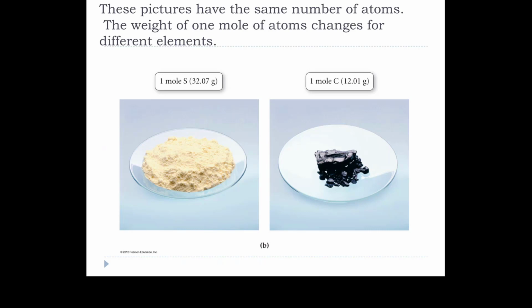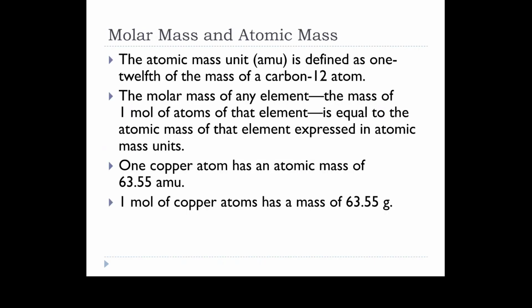So those numbers on the periodic table are your gram to mole relationship for every atom. So if we looked up copper on the periodic table, we would see 63.55. Again, what that means, 1 atom of copper weighs 63.55 AMU on average, right? Because it's different isotopes. 1 mole of copper, though, is going to weigh 63.55 grams.